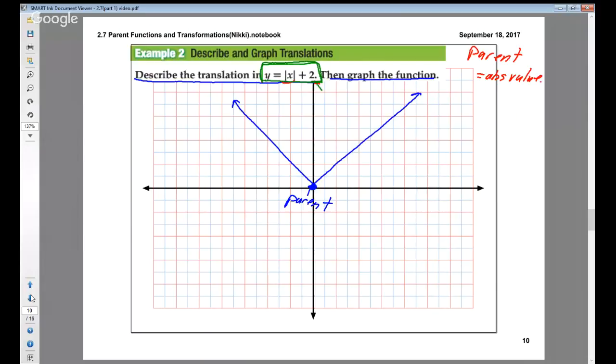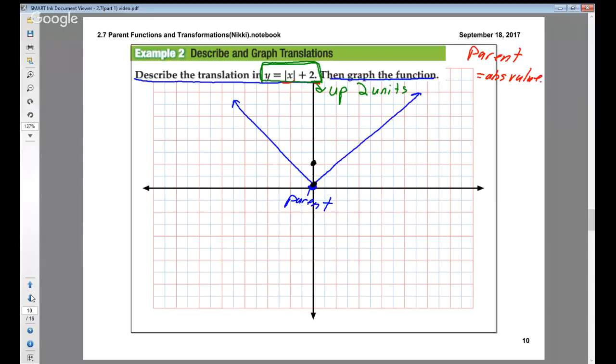And looking at the plus 2, that tells us that, oh, since we're adding, that means we have to go up 2 units. So in other words, start at your parent function and just go up 2 units. 1, 2.